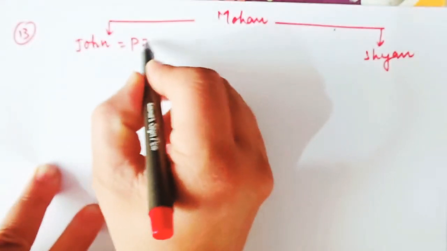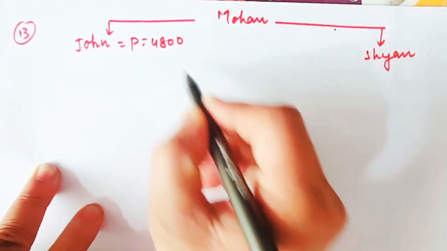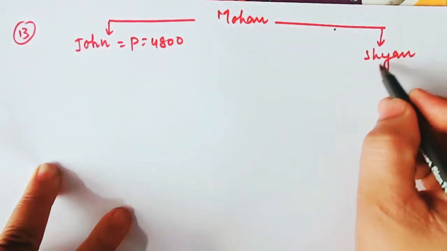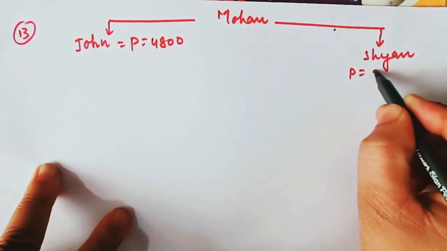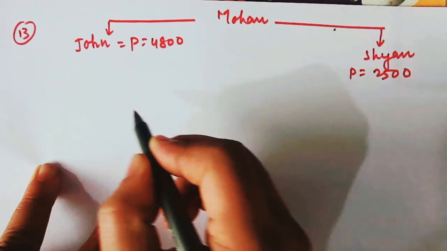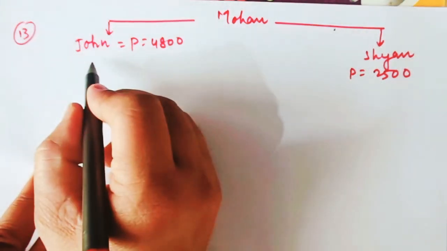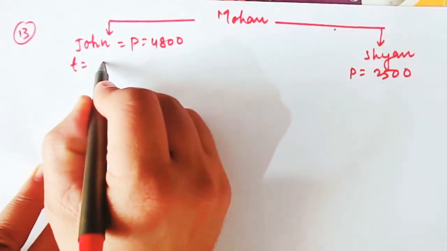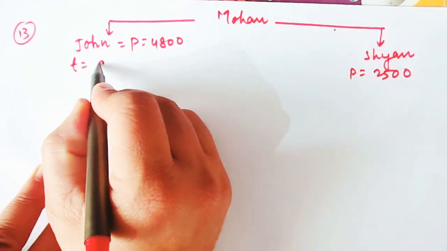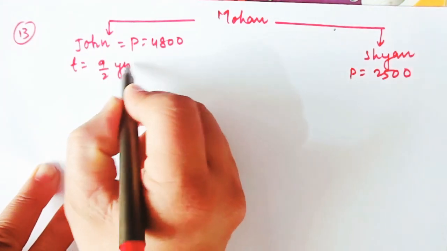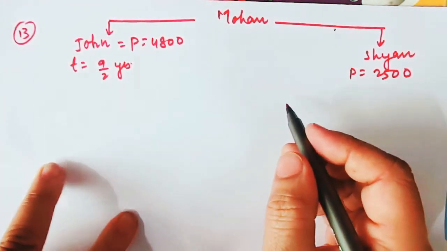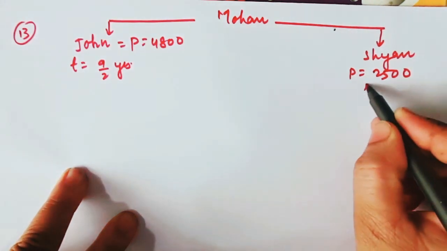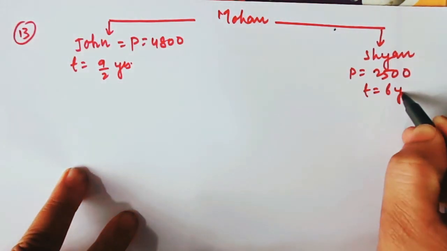To John he lends 4800, and to Shyam he lends rupees 2500. The time period for John is 4.5, that is 9/2 years, and for Shyam it is 6 years.